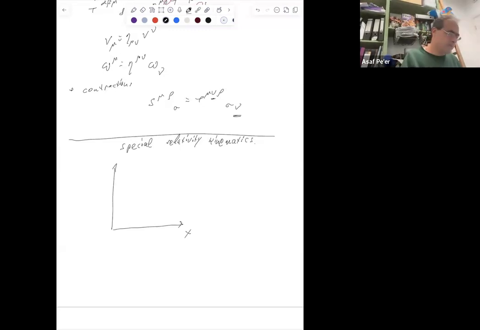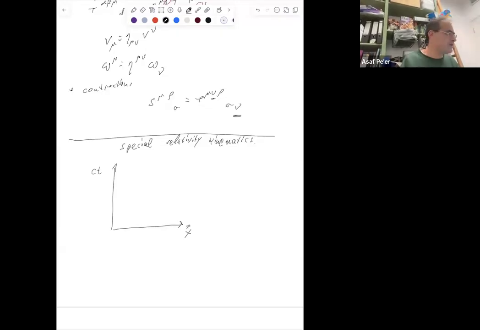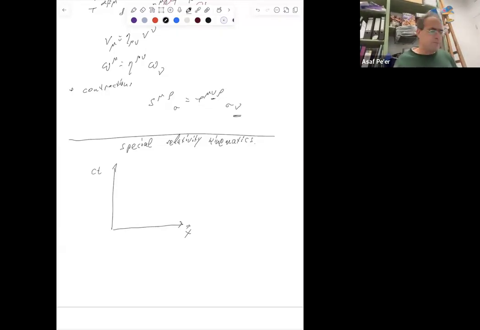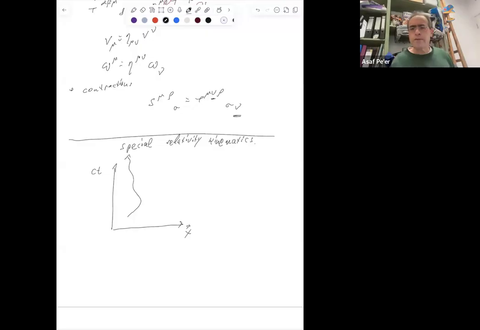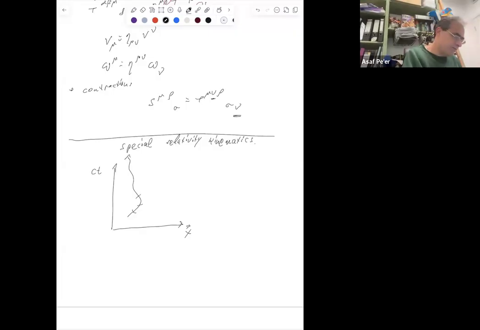So that will be the x vector, and the time would be the horizontal axis, ct. And then I can speak of my world line, a line that specifies the location of each particle or each object of interest in space and time. Of course, this is a curve, which is specified by some parameter. This is called the world line.